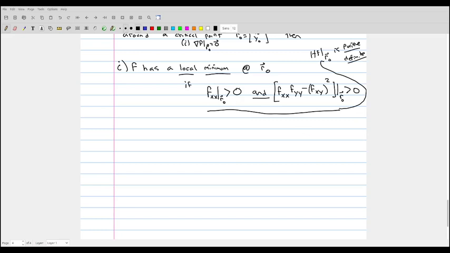So if the second derivative with respect to x is positive at a point, and this expression right here is positive at a point, this gives us that the Hessian matrix is positive definite, which means that f has a local minimum at that point. It's a more complicated property, positive definiteness, but the idea is that it's analogous to the second derivative being positive at a point.